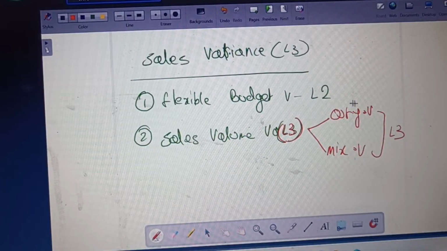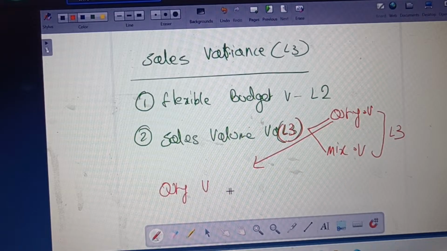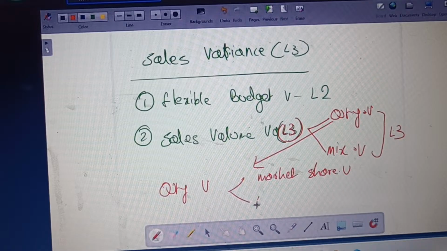This quantity variance is further divided into market share variance and market size variance.